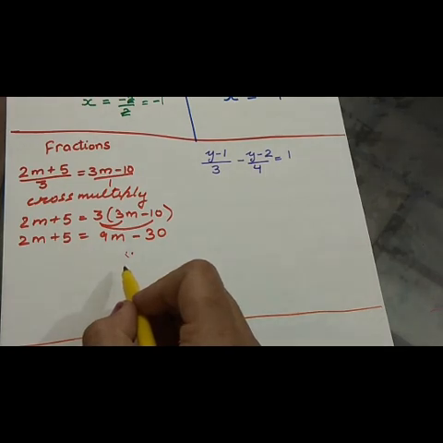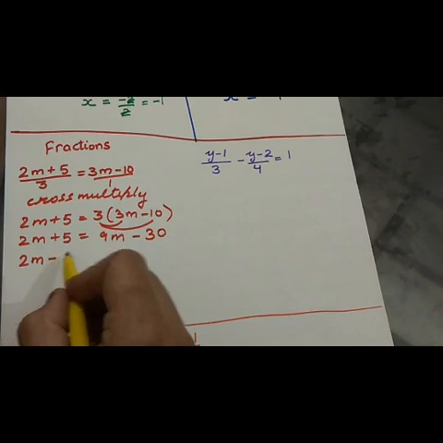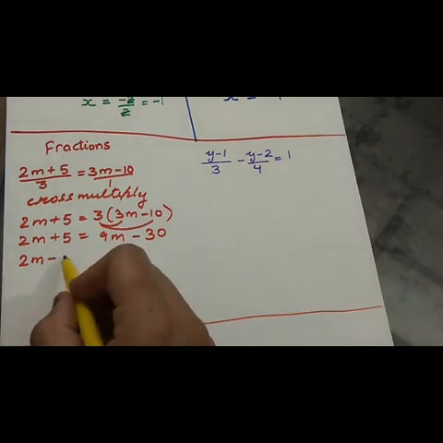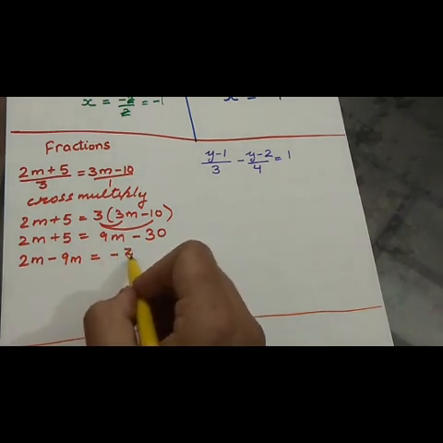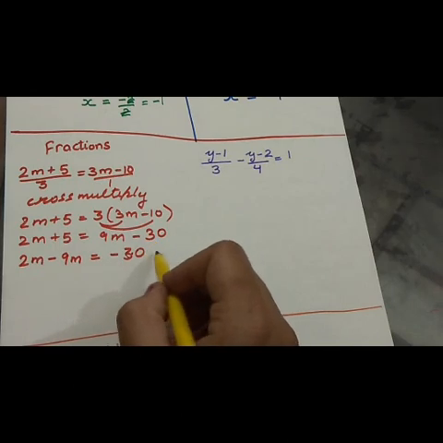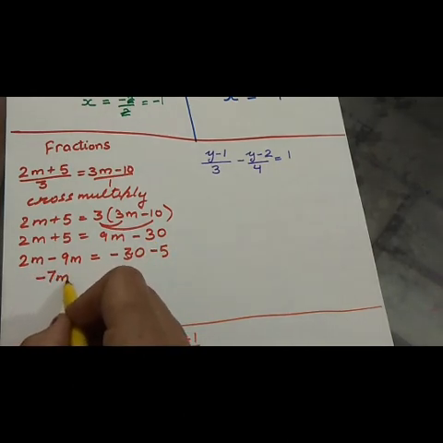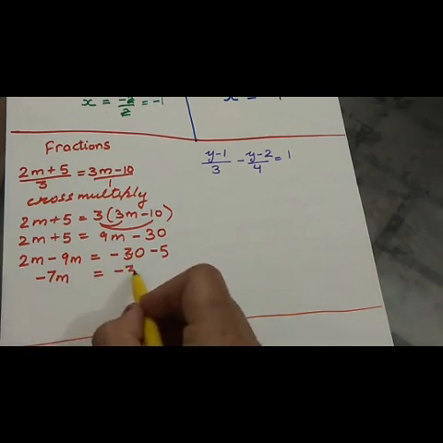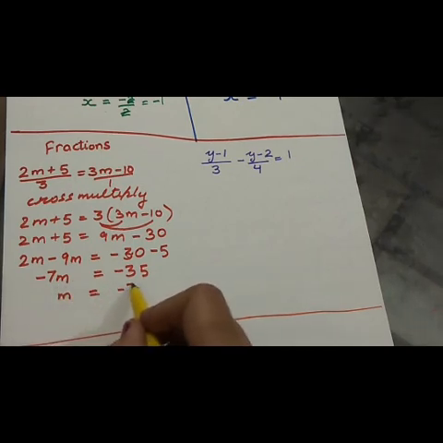Next is bringing the like terms on one side. So 2m minus this 9m, this is positive. When you change the side, it will become minus, and minus 30. This plus 5, when you are bringing to the right side, this is plus, so this will become minus. This becomes minus 7m equals minus 35, and this minus 7 is multiplied by m, so on the other side it will be divided.